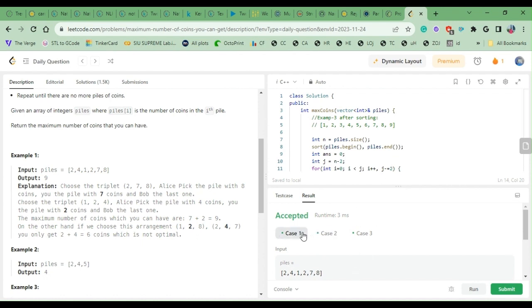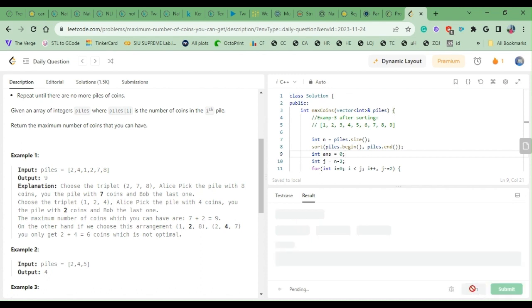Other than these 3 cases, sometimes our solution could get accepted for these 3 or 2 cases, but not for others. So it doesn't mean that if these 3 are accepted, your answer is correct. You have to check all test cases to see whether your answer gets accepted or not.